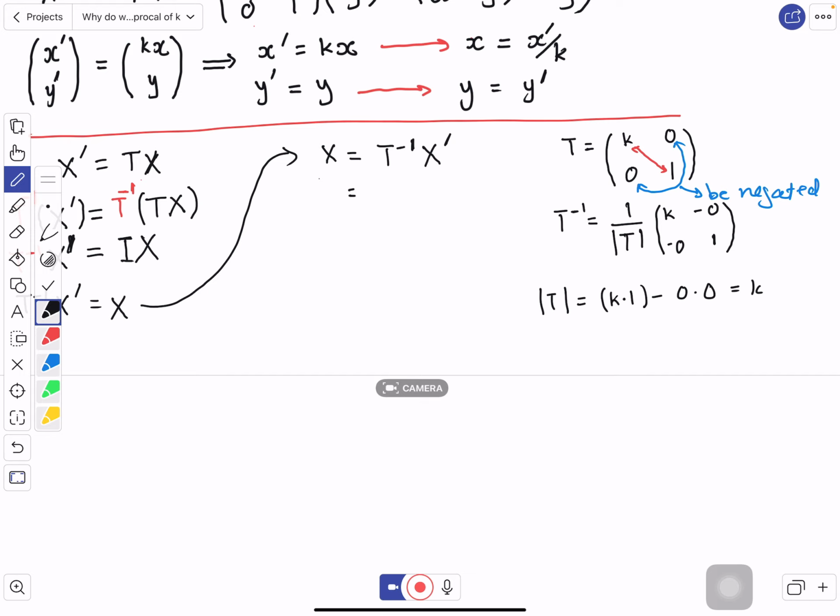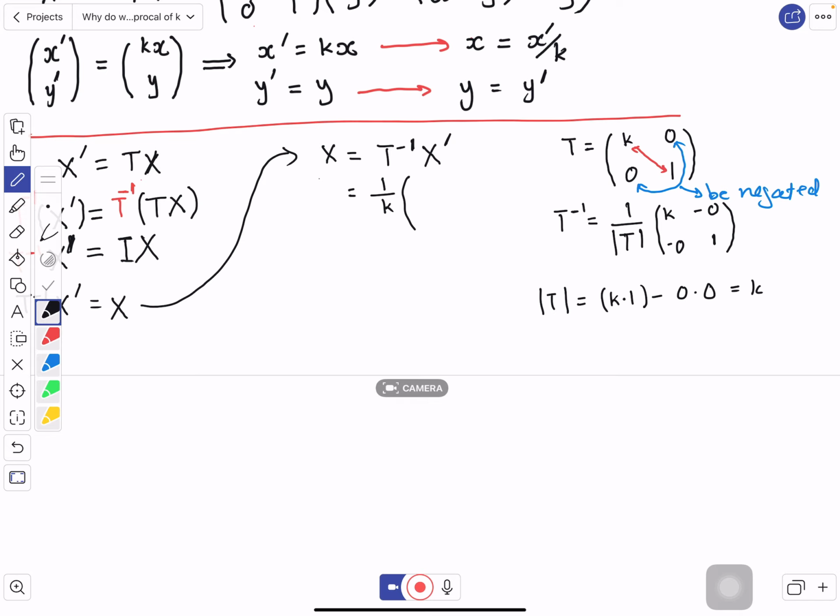So T inverse would have 1 over k, from the determinant being k.